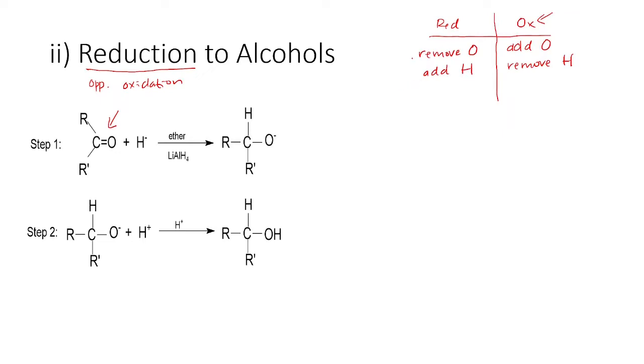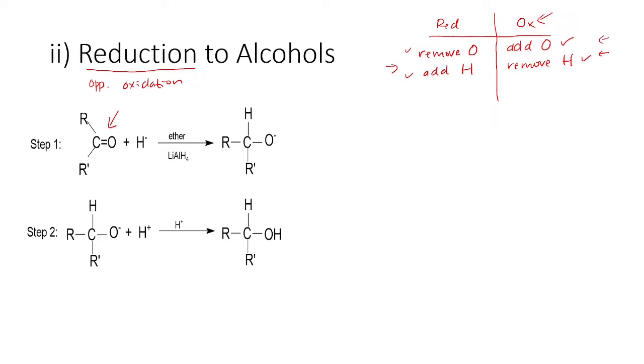It can be either one. Reduction can only remove O, only add H, or do both. The same with oxidation: it can either add oxygen or remove H only, or both can happen at the same time.